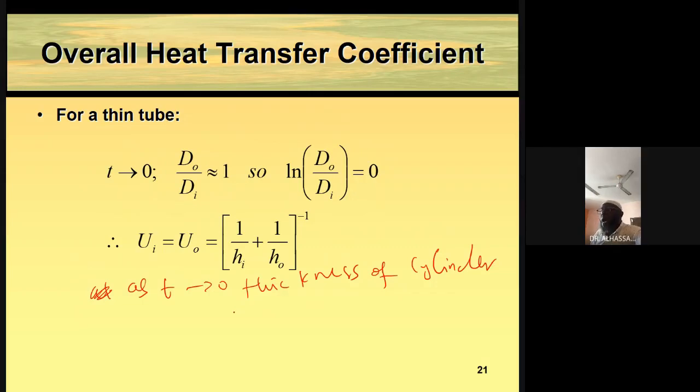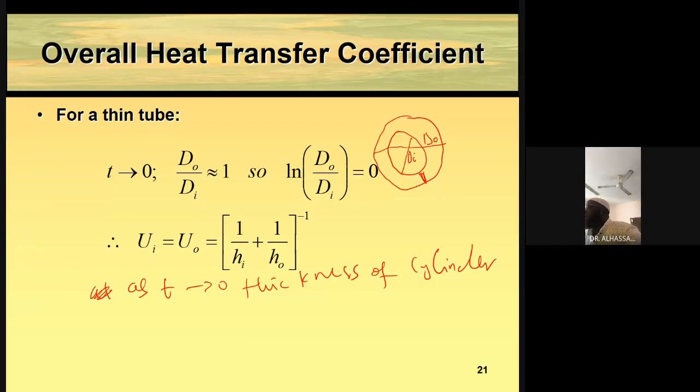So if I have the cylinder like this, this is the inner diameter, DI, and the outer diameter, DO. So we are interested in this thickness. Now, if this thickness is approaching 0, it means it's very, very small.